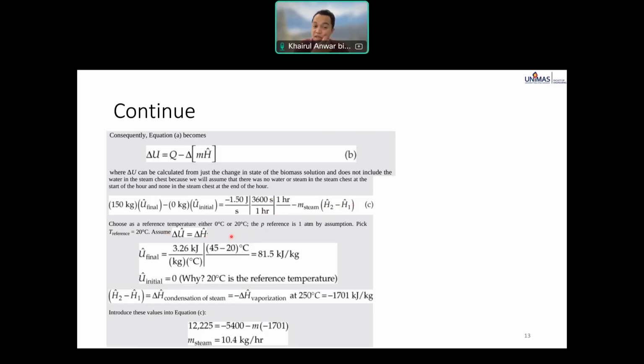Choose a reference temperature, either 0 or 20 degrees C. The reference pressure is 1 atm by assumption. Pick T reference equal to 20 degrees C.